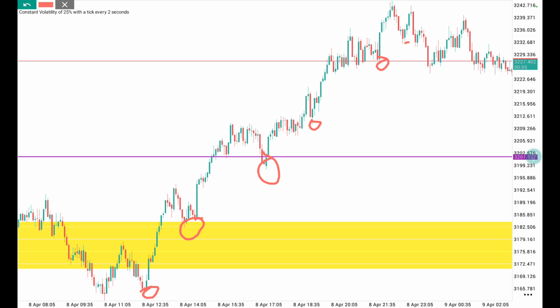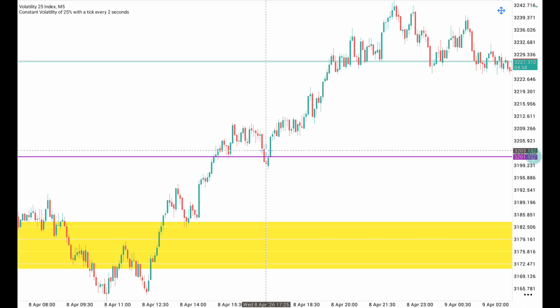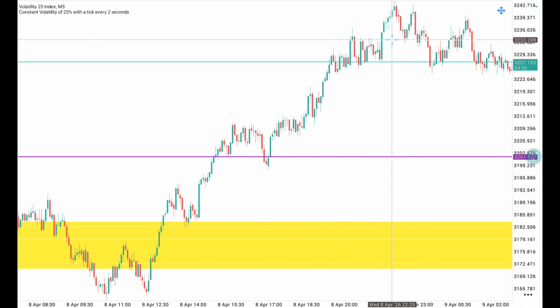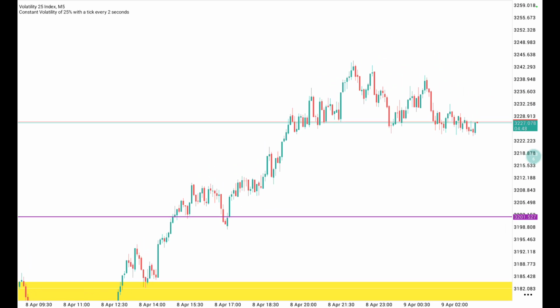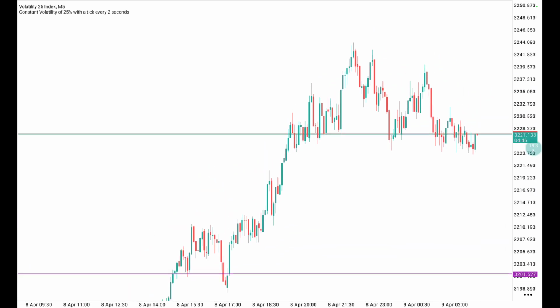But look what happened here. From this low we pushed and made a new high. But look what happened here.